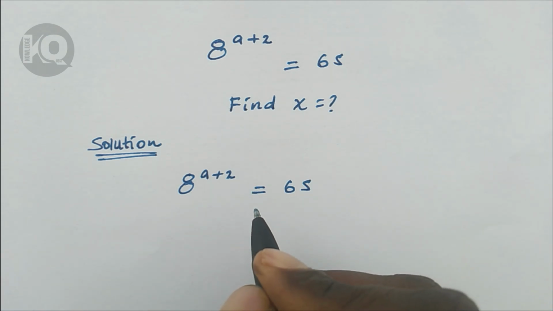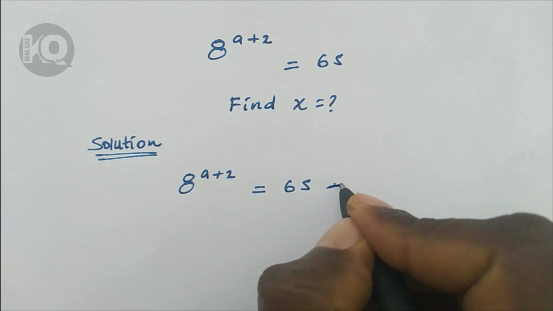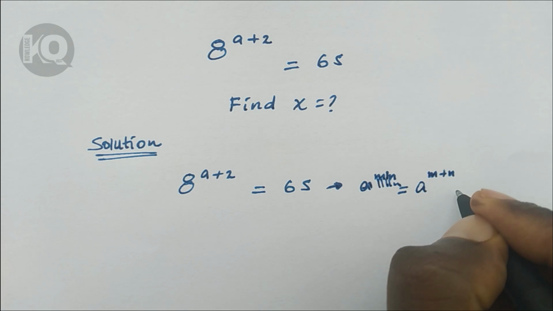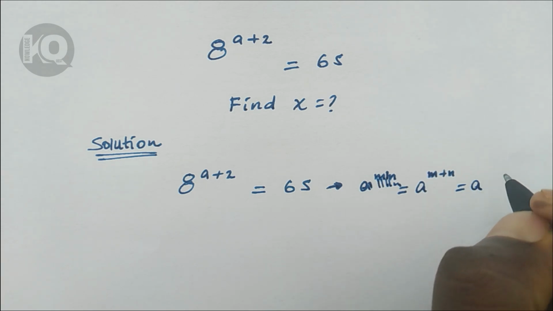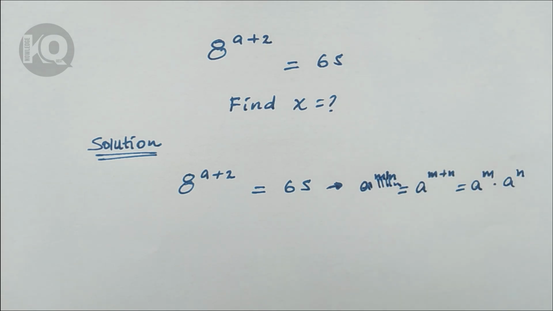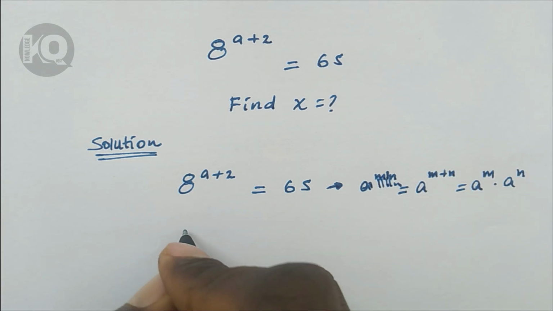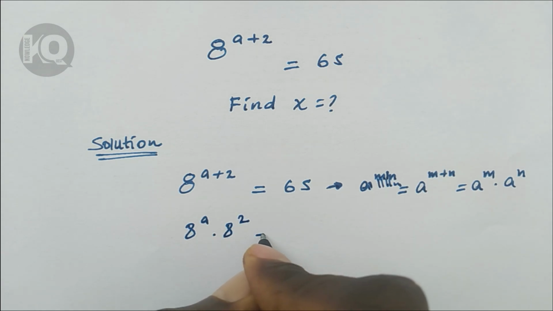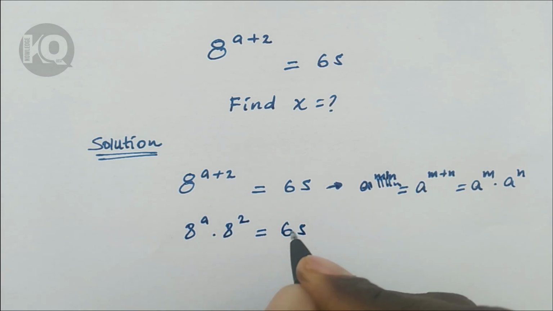In the first step, we have to apply the well-known formula a to the power of m plus n, which is equal to a to the power of m times a to the power of n. So 8 to the power of x times 8 to the power of 2 is equal to 65.